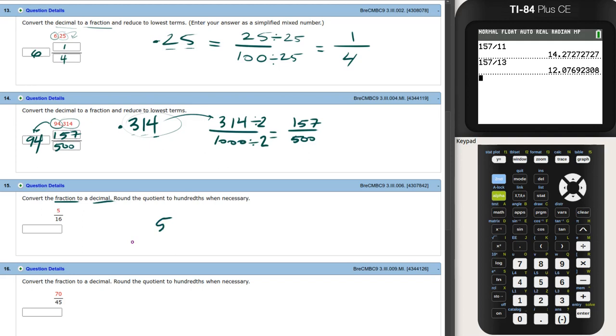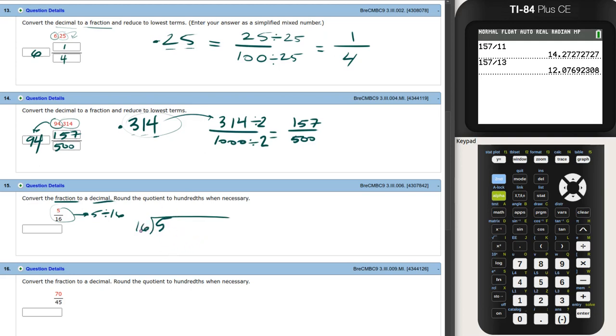Of course, this fraction 5 over 16 literally means 5 divided by 16. And the way that you would divide 5 by 16 is you would do 5 divided by 16 like this, and we can do some long division.